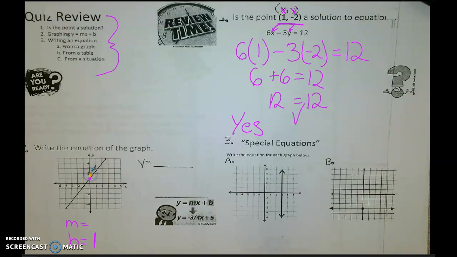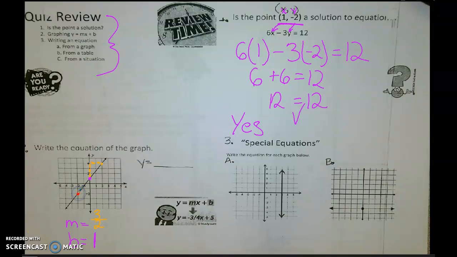So rise, or actually let me find my point first. Okay, I'm going to pick that point and I go rise 1, 2, 3. So rise 3, run 1, 2, run 2. So I can check it another direction too. I see right here is a place where it crosses.